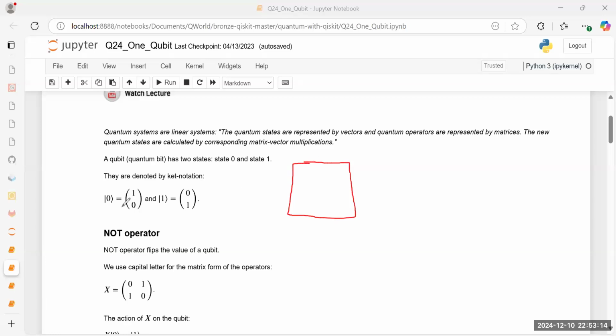So in a single qubit, we can store the 0 state or even the 1 state, similar to how in a classical computer, we can store the value of 0 or 1.